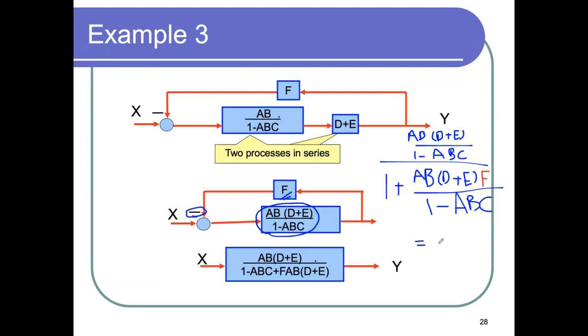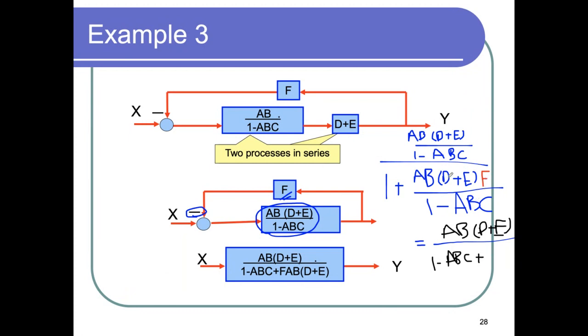So we have one block here representing AB, D plus E over 1 minus ABC, and we have F feedback to the system. So this is the path gain now, and this is the feedback. So the resulting one is the path gain over 1 plus, because I have a negative sign here, F times the path gain. So let me recalculate this over here real quick.